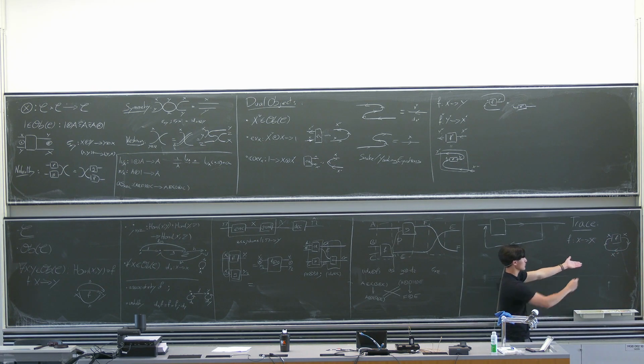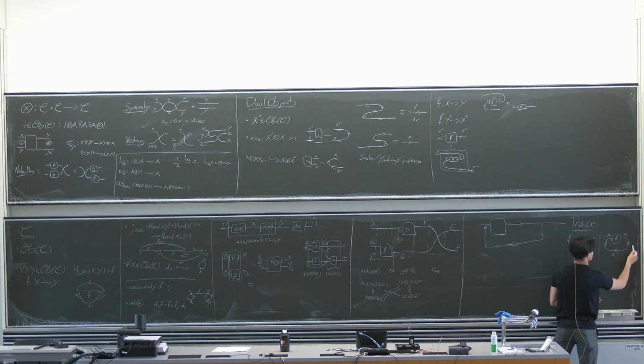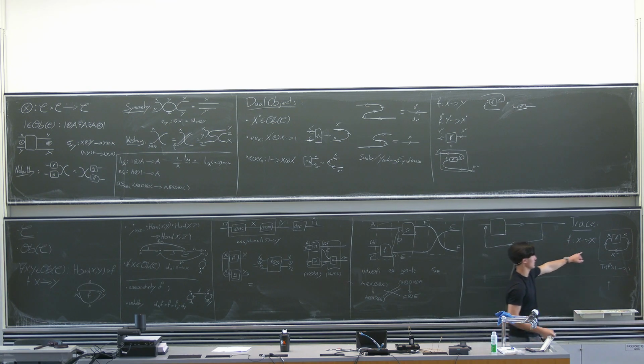And what it does is if you close the box like this, then you see that you're just going from 1 to 1, right? Because here you have nothing, and here you have nothing, and you're kind of closing the loop of your system within itself.